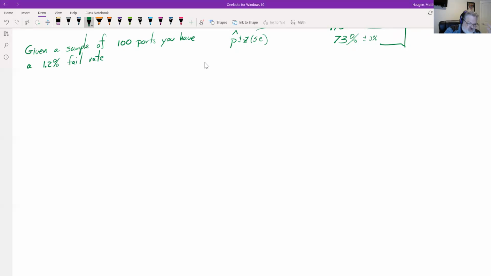Not bad considering what you're making, depending on what you're making. Can we find a 95% confidence interval? Why did I have an I? Oh, interval. Confidence interval. True proportion of failing parts.